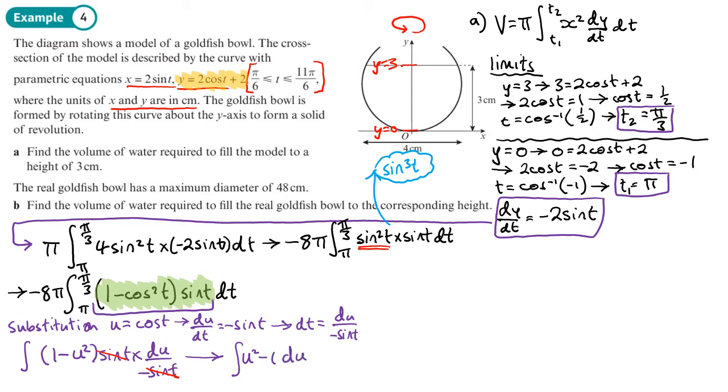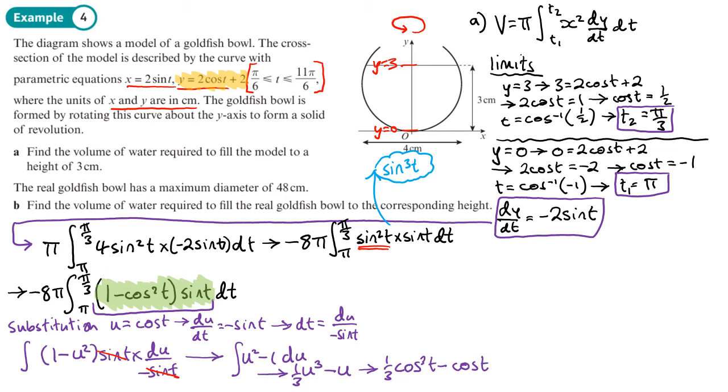That's very easy to integrate, so I end up with u cubed over 3, or a third u cubed, minus u. Now if I substitute back, I'll end up with a third, and my substitution was cos, so it's cos cubed t minus cos t. So there I have done my integration.